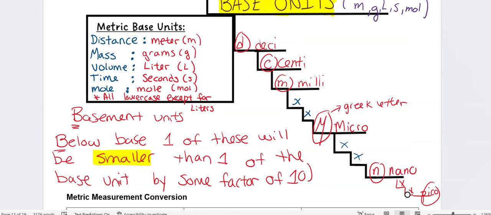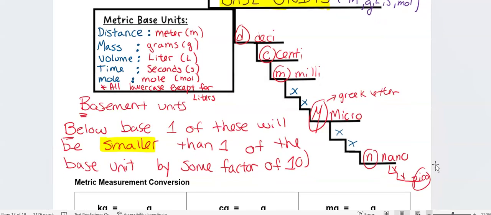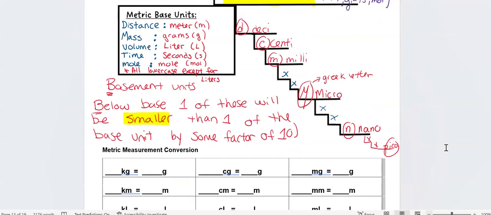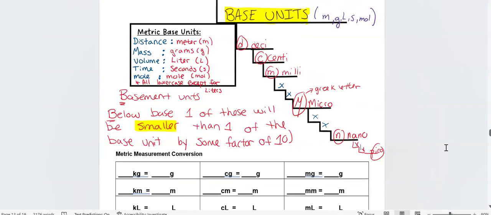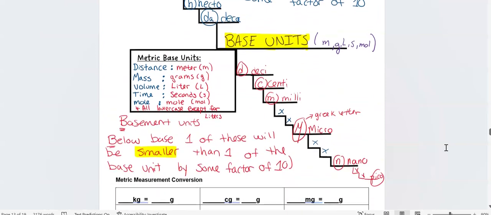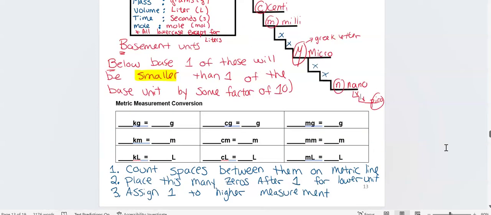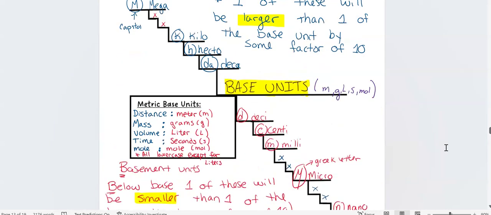Now, the way that I like to create conversions is by kind of using the staircase and counting. So if I'm creating my conversions, I'm going to essentially count the steps between them and follow this format. So if I look for kilogram and gram, I have kilogram here, I have gram here. How many steps apart are they?